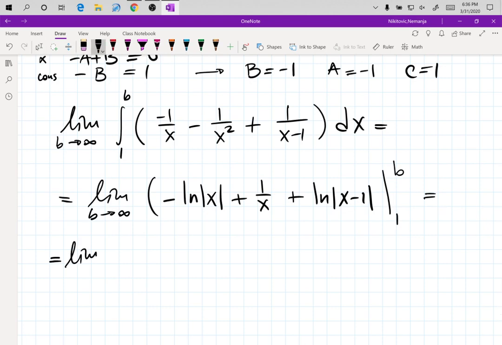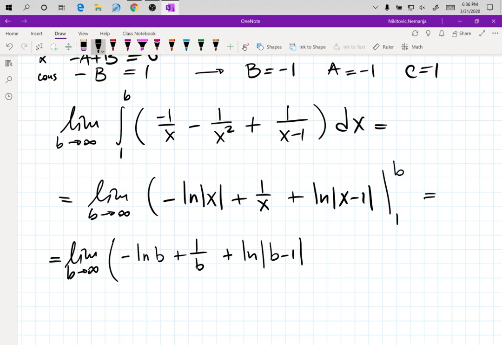So we have a limit, b goes to infinity, and you have negative ln b plus 1 over b plus ln of b minus 1.